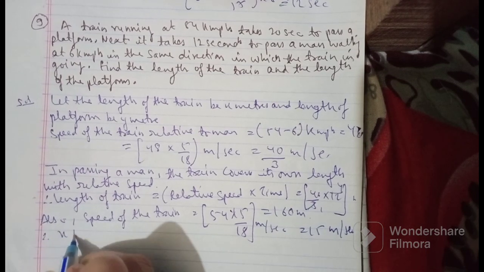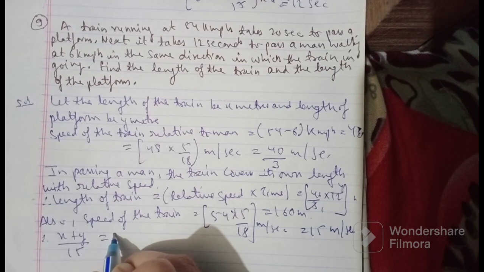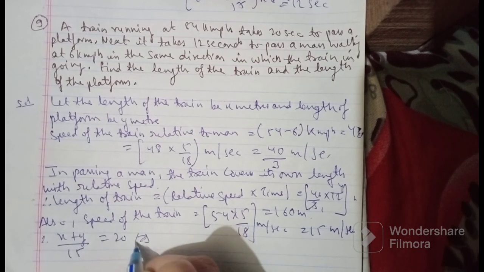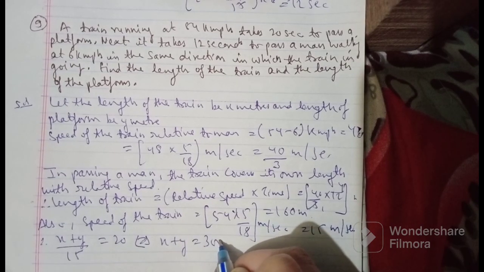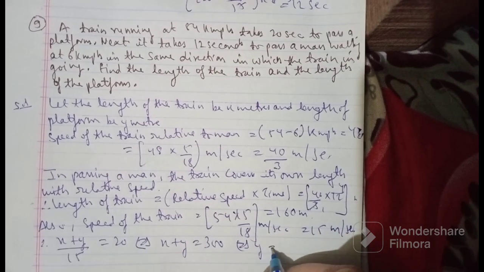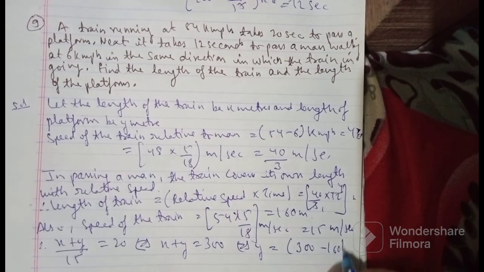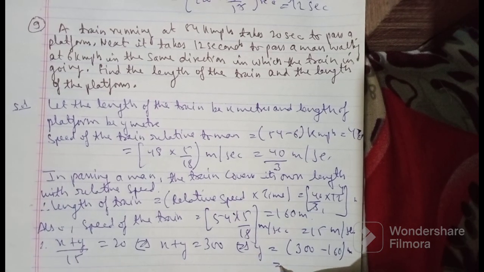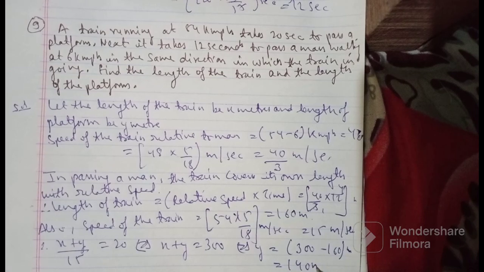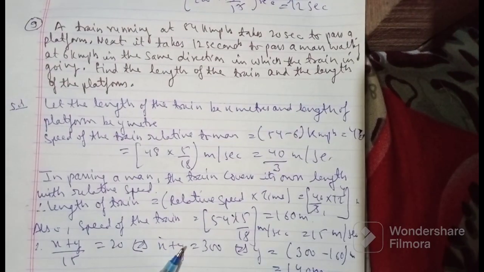So x plus y upon 15 equals 20. x plus y equals 300. y equals 300 minus 160 meter, 140 meter.